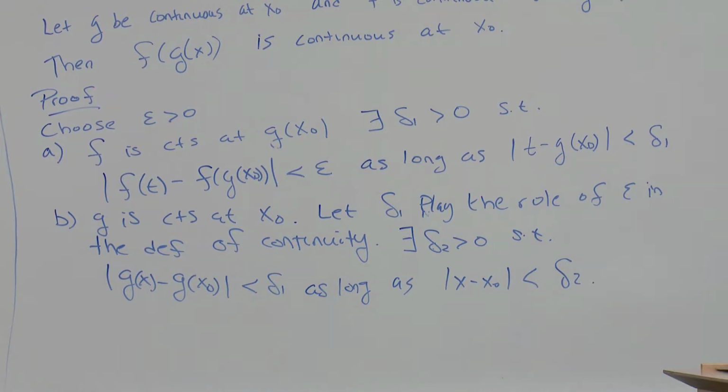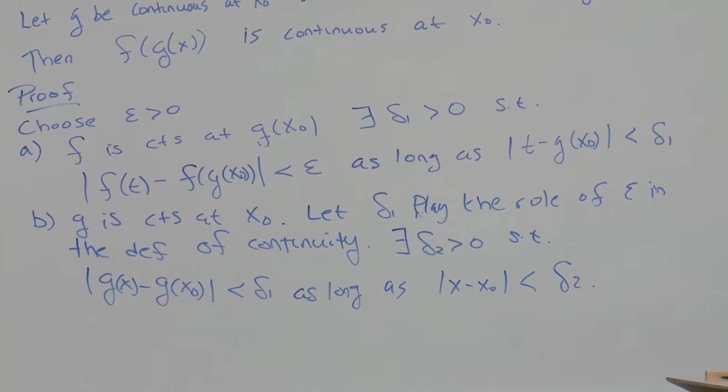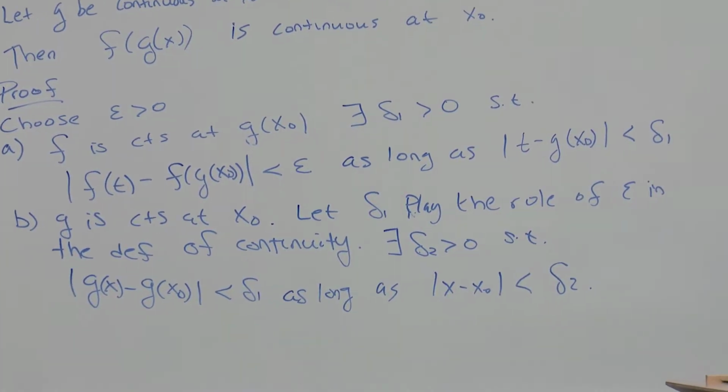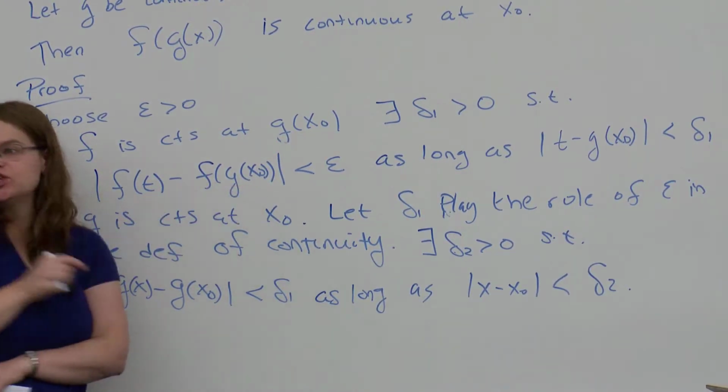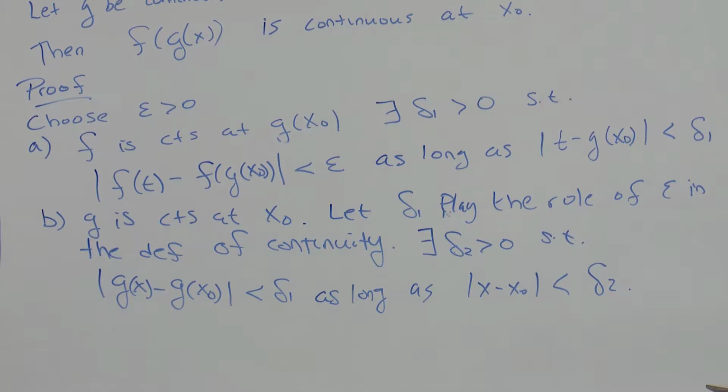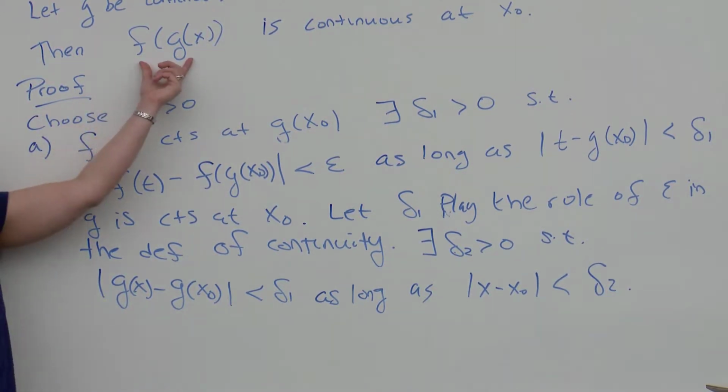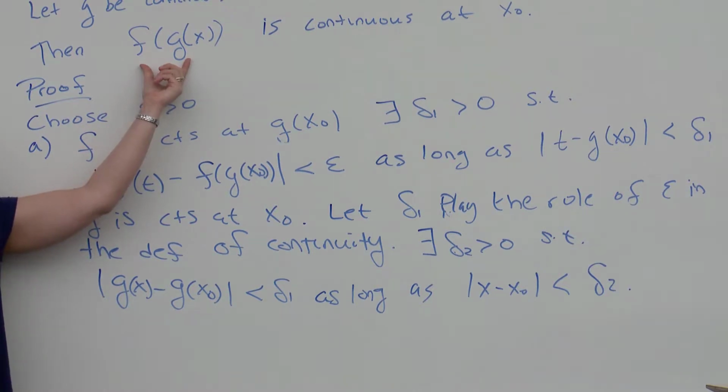Okay, so now we're going to try to put this together. We're going to try to build up the result that we want. Right, so what is the result that we want? We want to be able to say that f of g of x minus f of g of x naught is less than epsilon, right? That would be what it would look like for this function here to be continuous. So this is our goal.